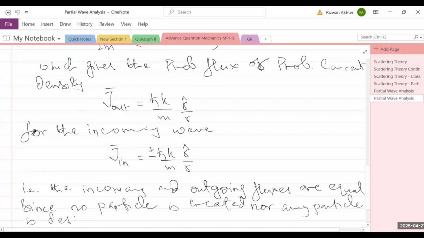So this is in fact the conclusion of this part, where we say that there is no change, there is no creation of particle, nor any sort of destruction of particle. And if that is the case, then we draw a conclusion from this.